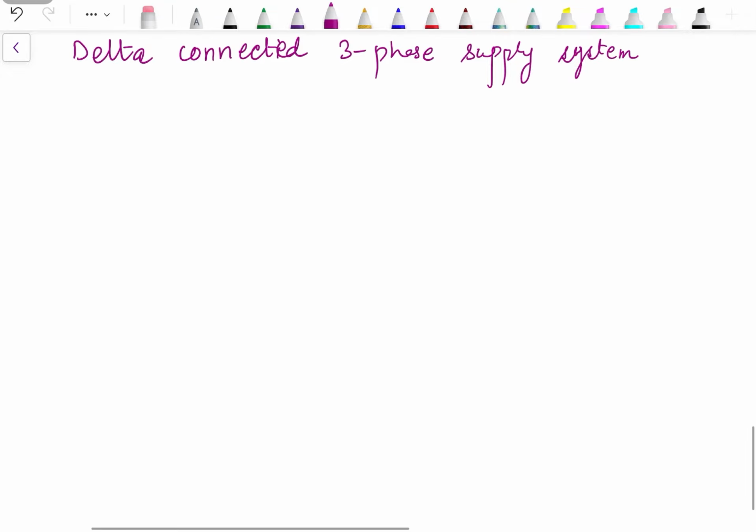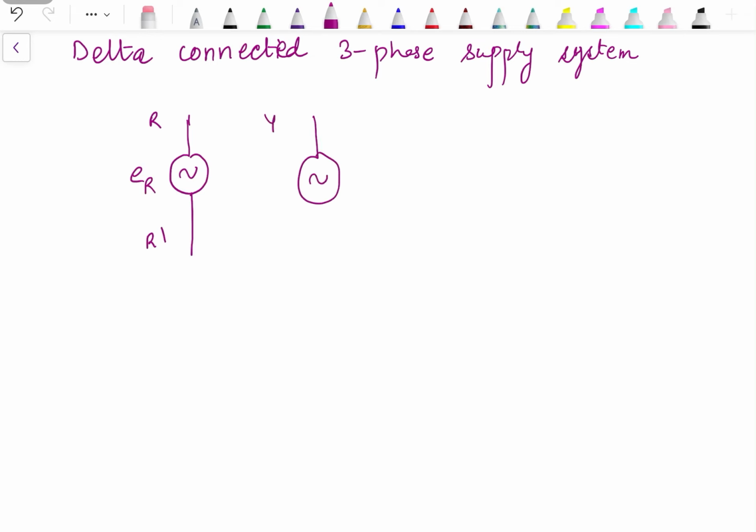Now let's discuss the delta connected. So again we have three phases, ER, R, R dash, EY, Y, Y dash, EB, B, B dash.